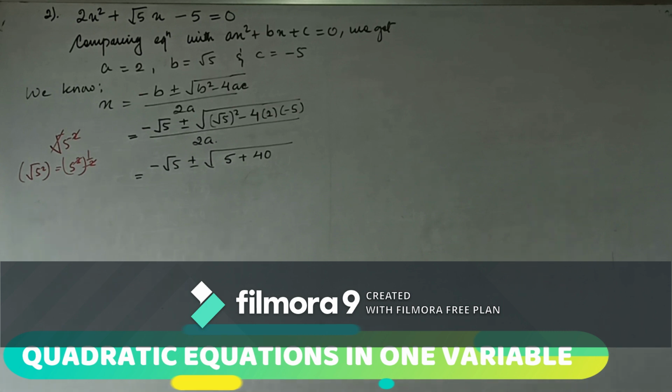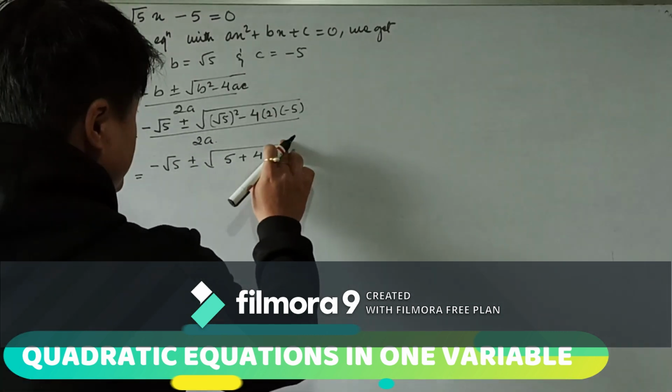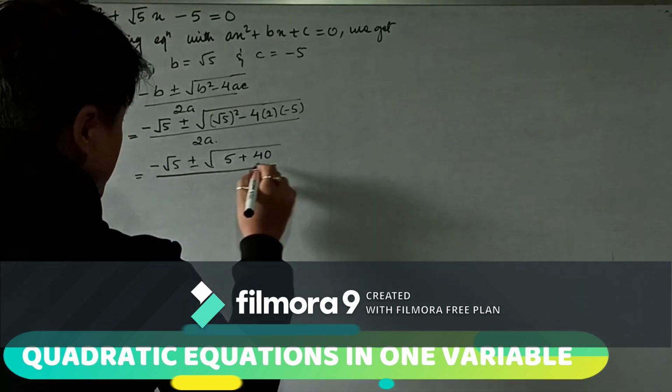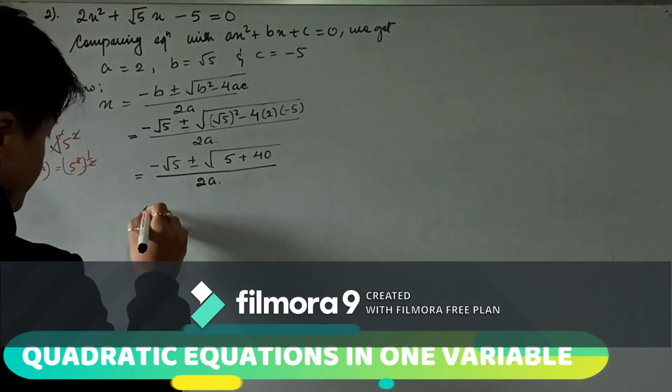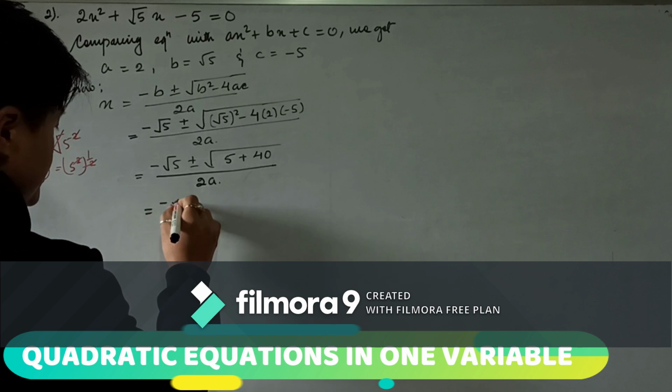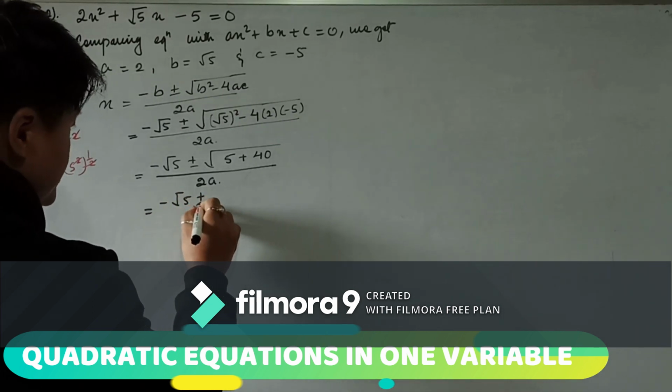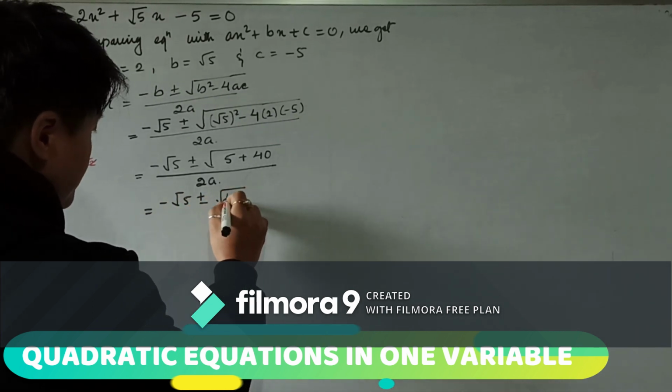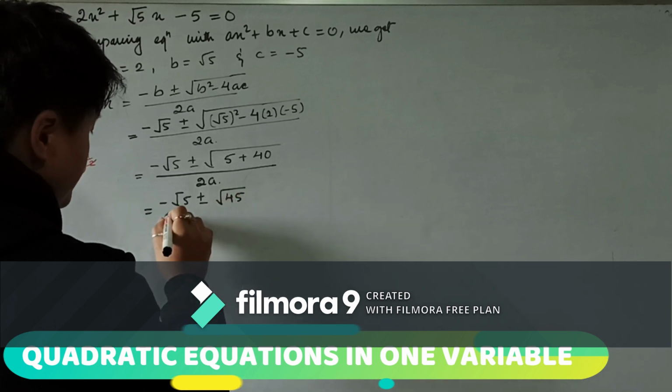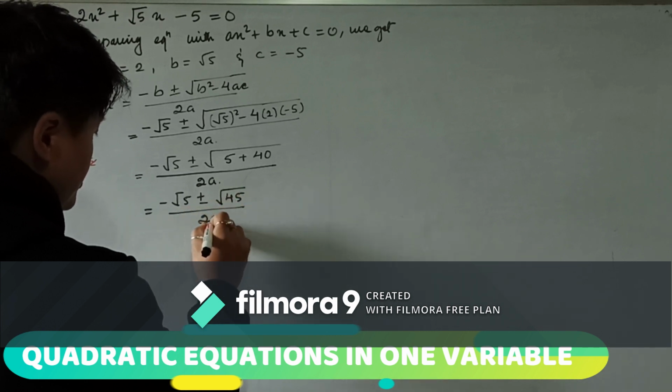Okay, square root means to the power half. Okay, so this 40 will get here whole divided by 2a. This is equals to minus root under 5 plus minus root under 45 whole divided by 2a.